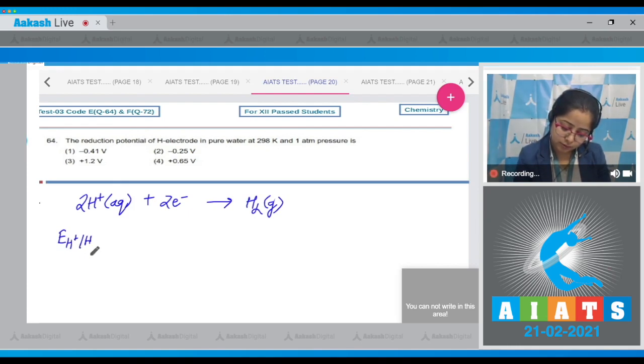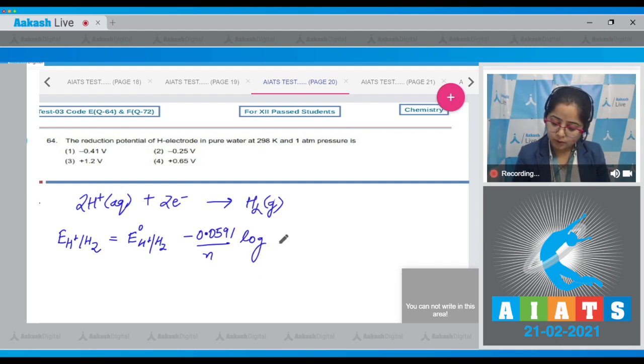E cell of H+ to H2 is equal to E naught H+ to H2 minus 0.0591 upon n log pressure of H2 gas upon concentration of H+ whole square.